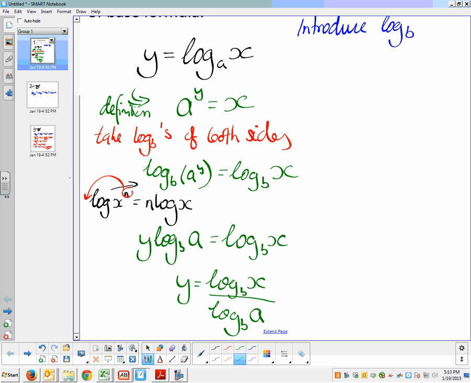And the number that we started with, y, we had defined in terms of logs. Log base a of x.